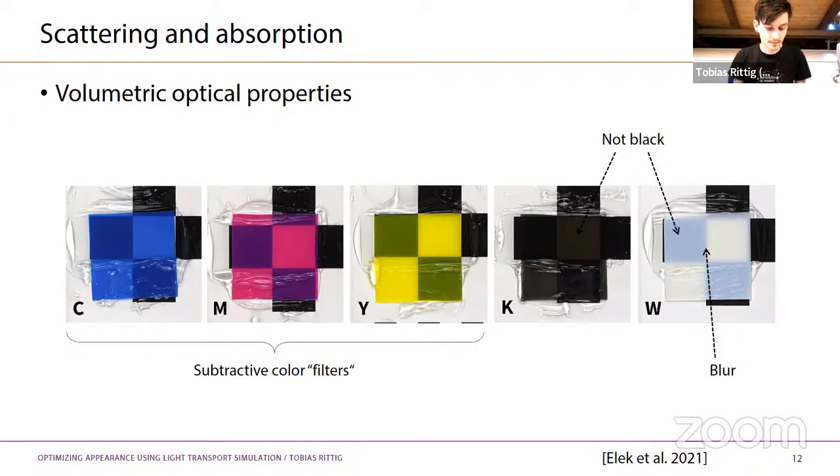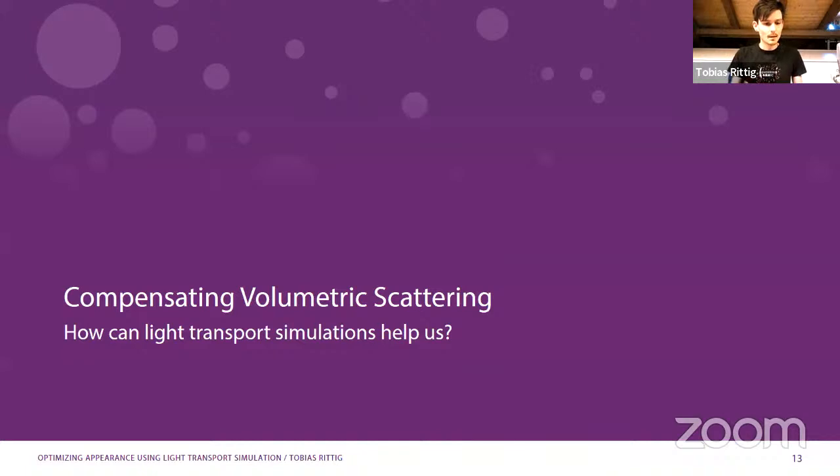And we need to handle them somehow, because they are always in any 3D printout, and we need to get control over them. So in the following, I want to talk to you about how we can compensate for these volumetric scattering effects, and how we can use light transport simulations to get this under control.